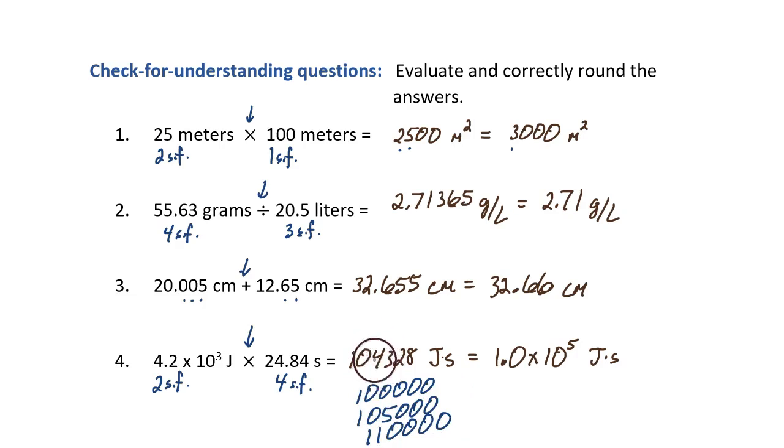That next digit's not 5 or bigger. That's why we use scientific notation. Because in scientific notation, we can make the coefficient have whatever number of significant figures we want. So we round this to 1.0 times 10 to the fifth. This has two significant figures.